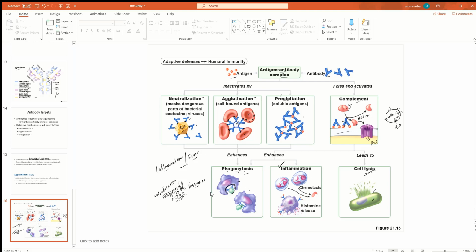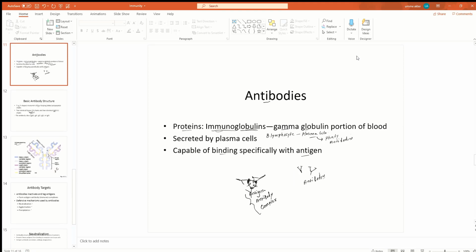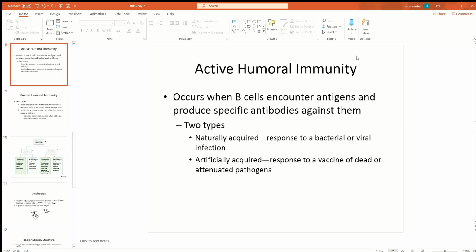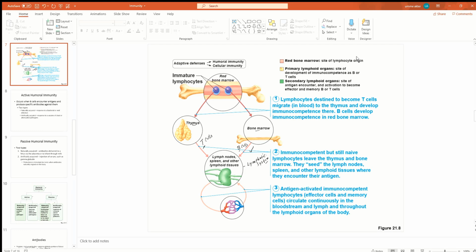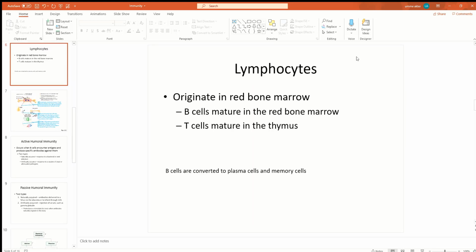Now, you remember that there are two types of cells, T cells and B cells, right? So let's talk a little bit about those. T cells could be four different types. One type of T cell is called cytotoxic T cells. Cytotoxic T cells are also called natural killer cells.